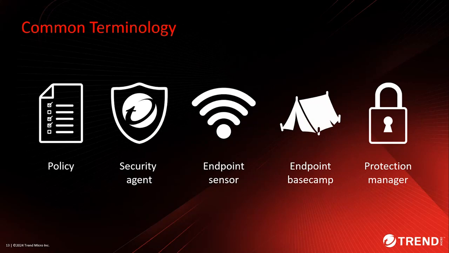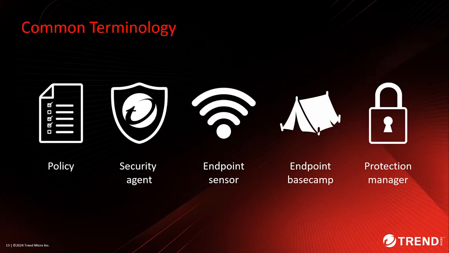Let us cover some key terminologies and components that are essential to understanding how Trend Vision One operates and how it can be implemented within your organization. Policy. A policy is essentially a collection of security settings that you can manage through the web console of your protection manager.